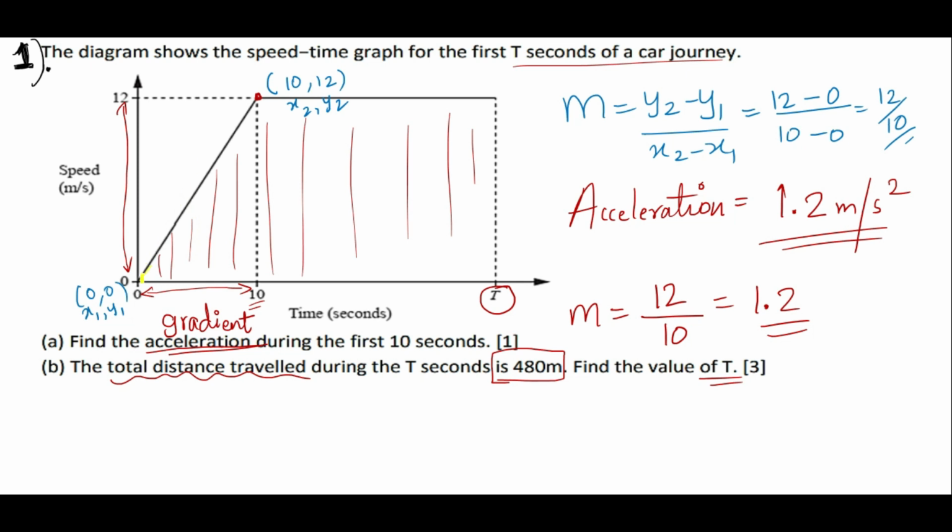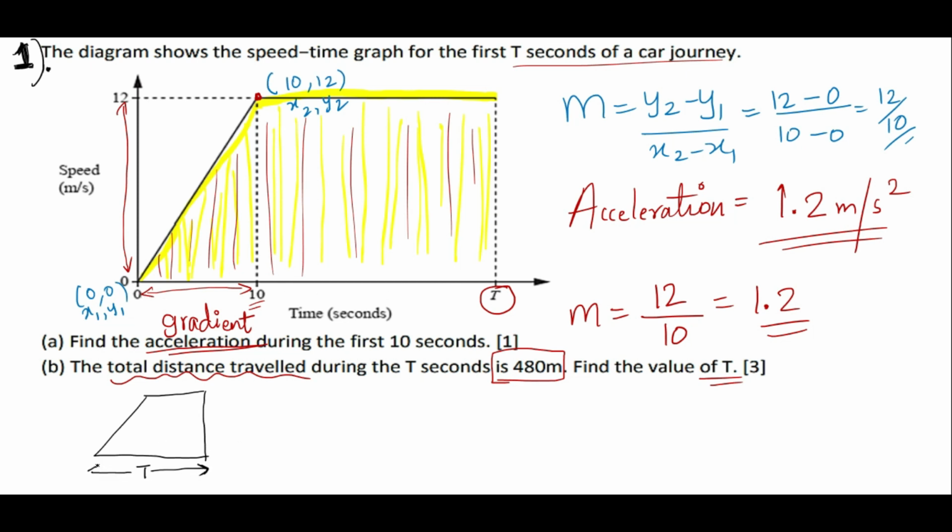If you look into this graph, what you see is a trapezium. So you're going to use the area of this trapezium equated to 480 meters, which is the total distance. Let me just draw it here. From 0 to t, so this side is t, the top part.